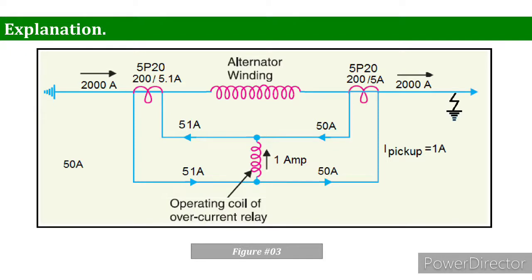So in a nutshell, even 0.1 ampere is very important in this differential protection scheme to avoid any false operation or false tripping, because as I said earlier, false tripping will cause damage to the device, and also to the whole process, because the whole system gets stuck.